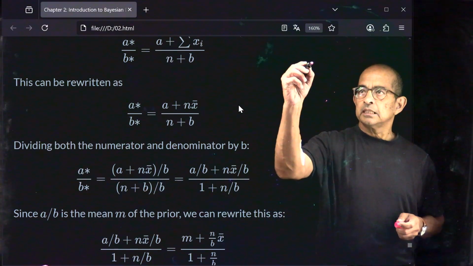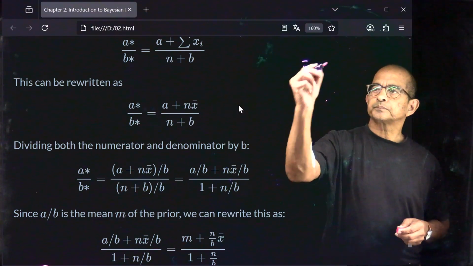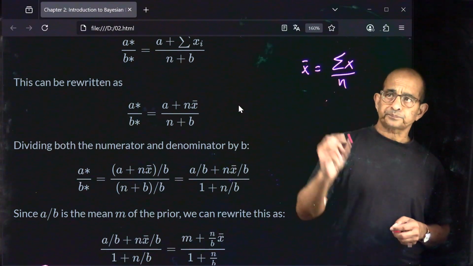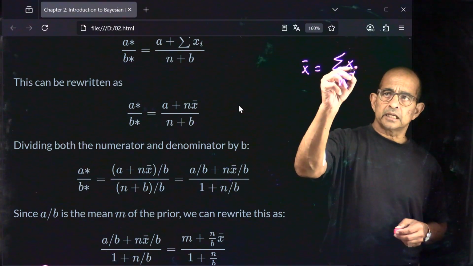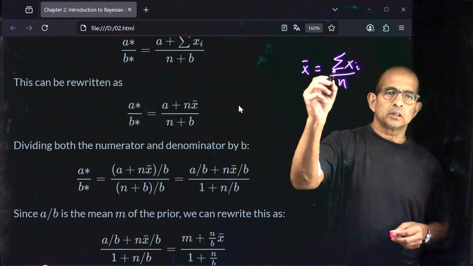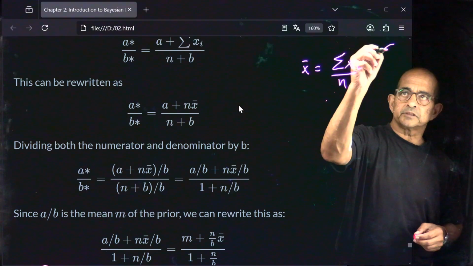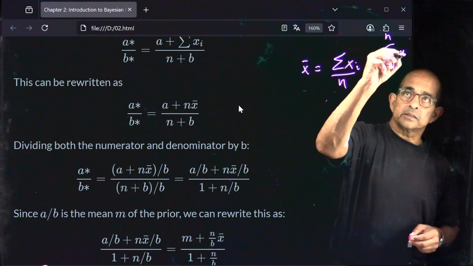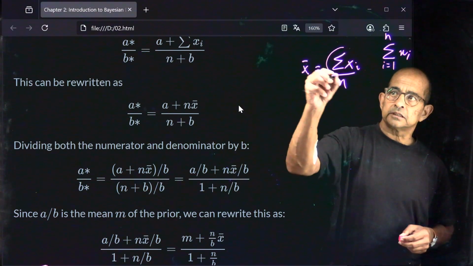Remember that the definition for the sample mean is sum of x over n, okay? By the way, I'm just eliding the subscript x sub i here. I could have written x sub i, and then I could have written i equal to 1 going all the way to i equal to n. So I could write the sum from 1 to n of x sub i. This would be the correct way to write this term here, right?